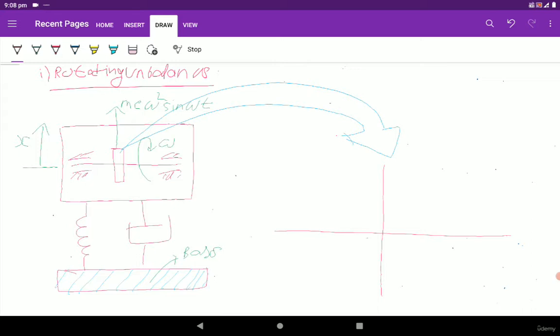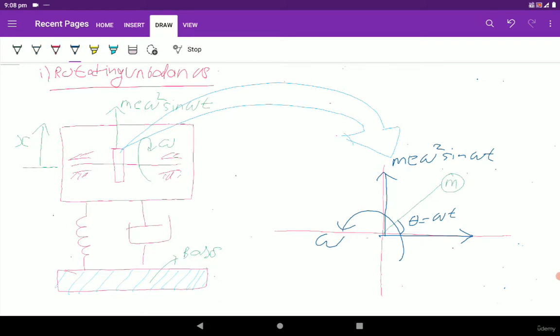So this is the mass m, and from the figure you can see that the force is subjected to m e omega square sine omega t in the y direction, and suppose this is theta, which we can say omega t, and the whole system is rotating with the angular speed omega, and in the y direction the component of the force will be m e omega square cos omega t.